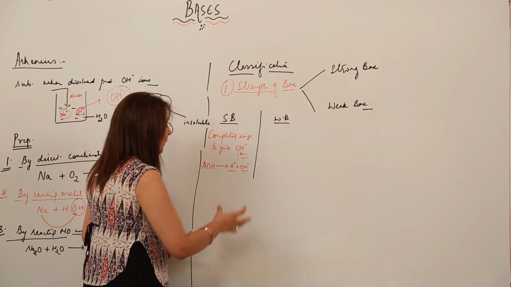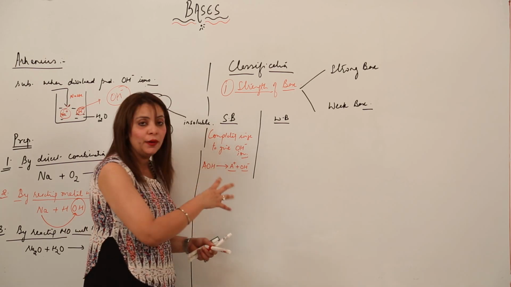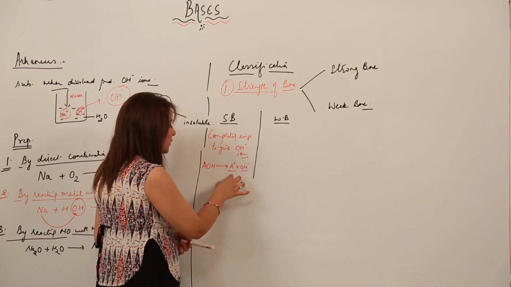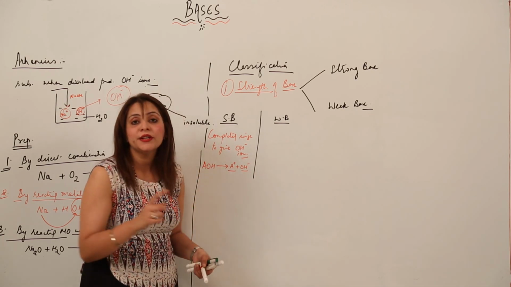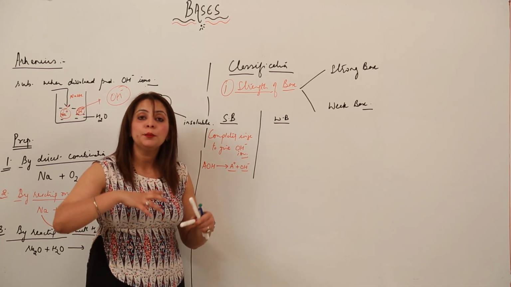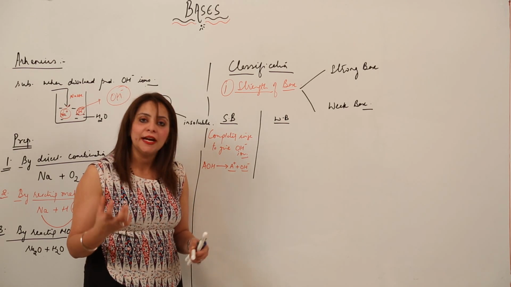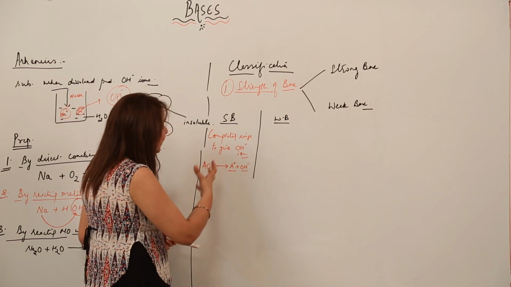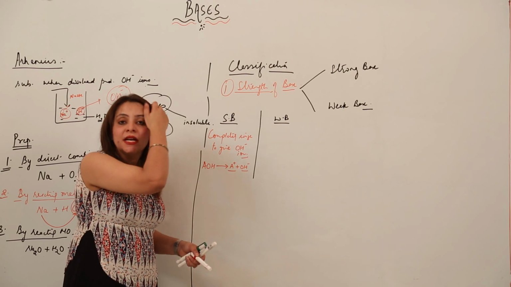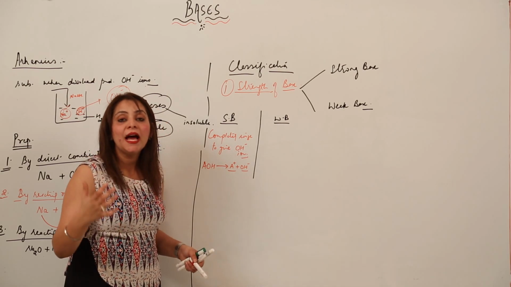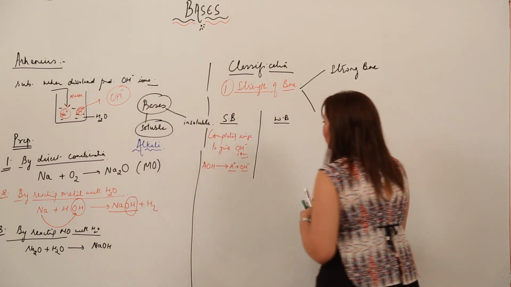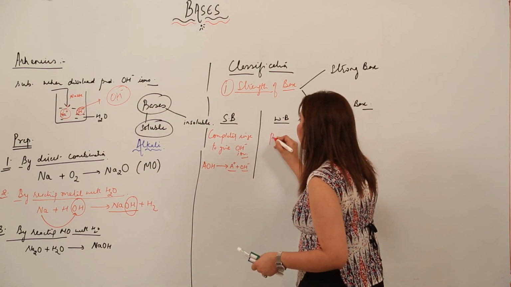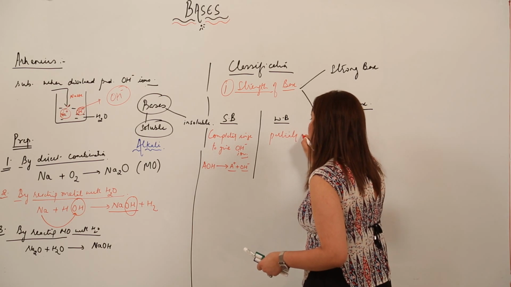That means in solution, after dissolving AOH in water, we are going to get A positive and OH negative, and in the whole solution we won't be able to find this AOH molecule because it has been completely dissociated to produce A positive and hydroxide ion. So if you see this kind of thing in water, the strength is too high and it acts as a strong base. And when we talk of weak base, weak base is that which gets partially ionized.